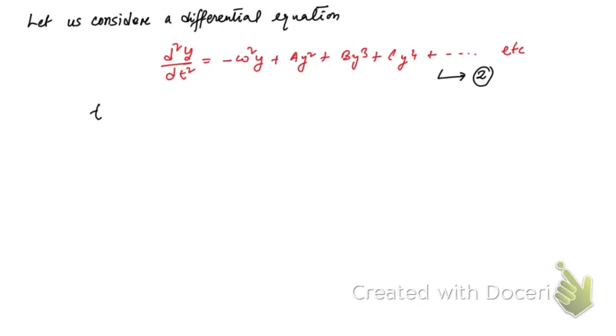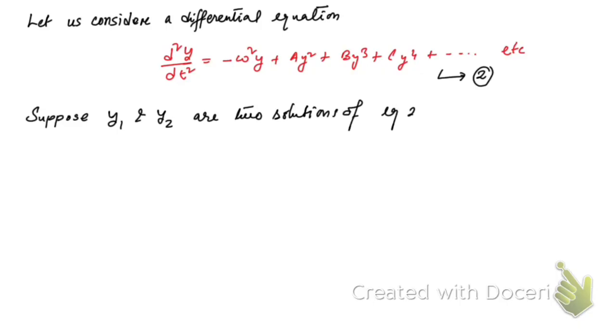Now suppose y1 and y2 are two solutions of equation number 2 at instants t1 and t2 respectively.